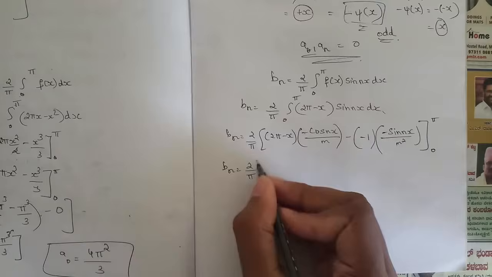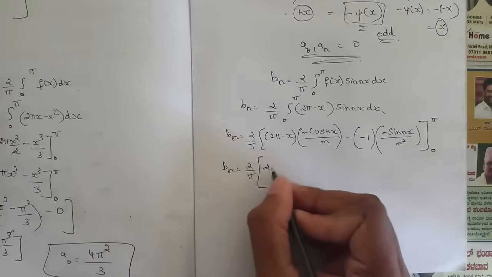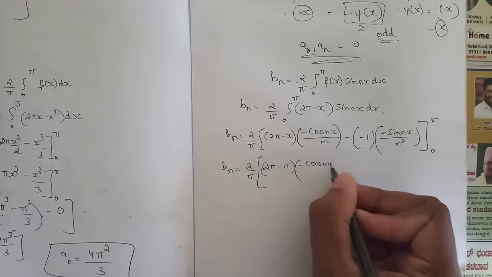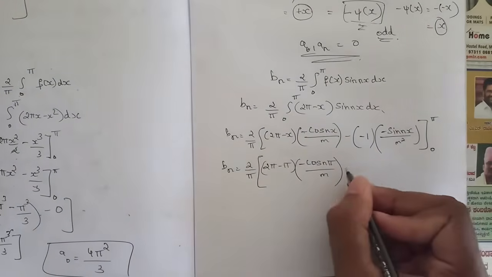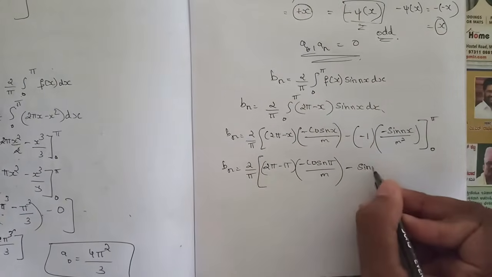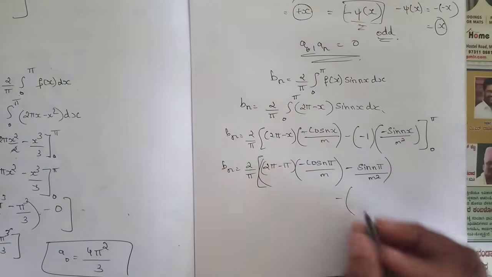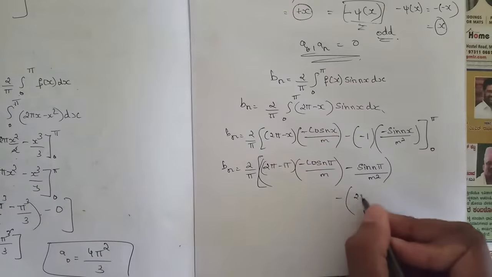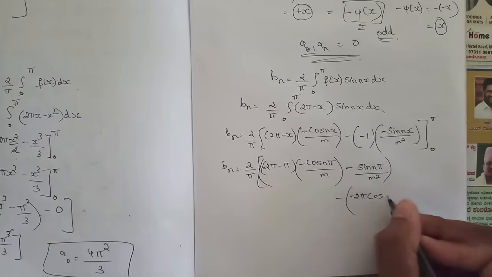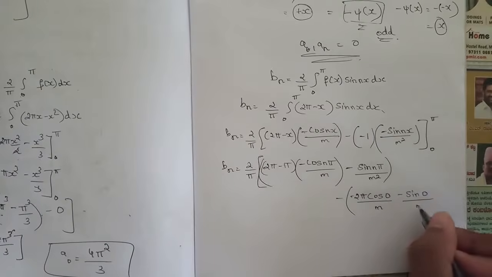2 by pi into, substitute the upper limit, 2 pi minus pi, minus cos n pi by n, minus, so it becomes minus into minus, plus, into minus, minus sin n pi by n square, minus the lower limit, that is 2 pi minus 0 is 2 pi, minus cos 0 by n, again minus sin 0 by n square.